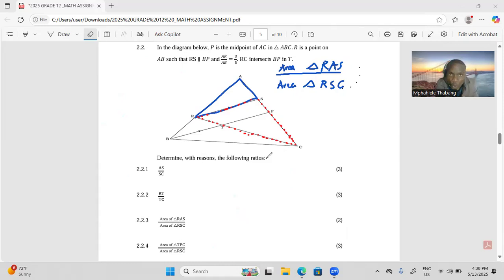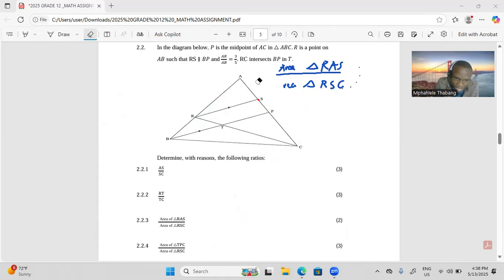they don't have what we call a common angle. Some triangles have got a common angle, they share the same angle. Let me show you those two triangles that share the same angle.